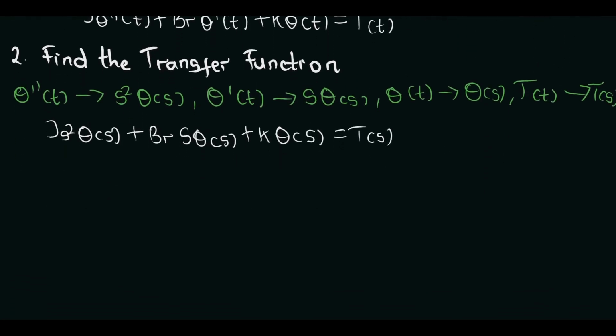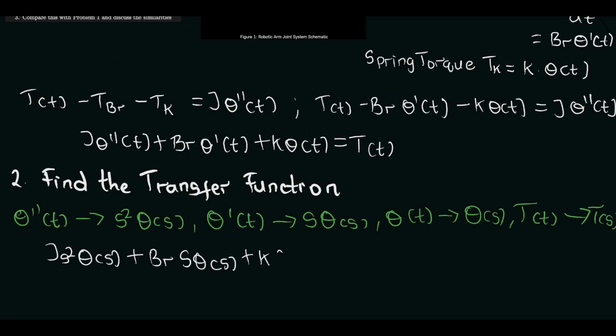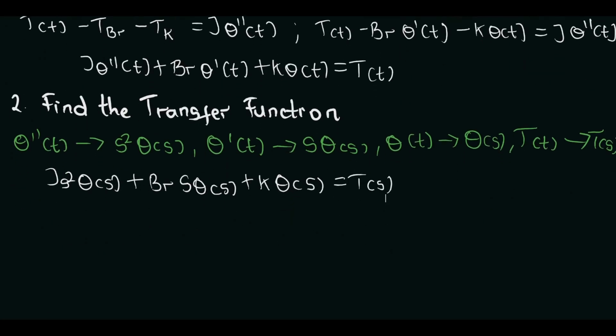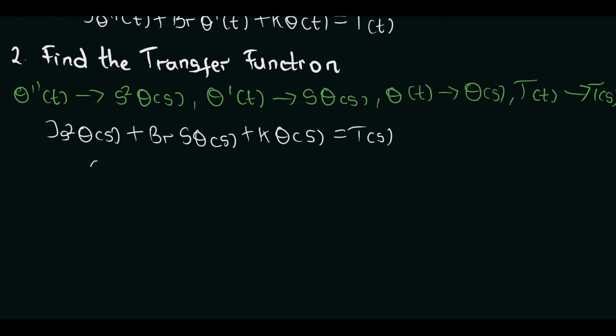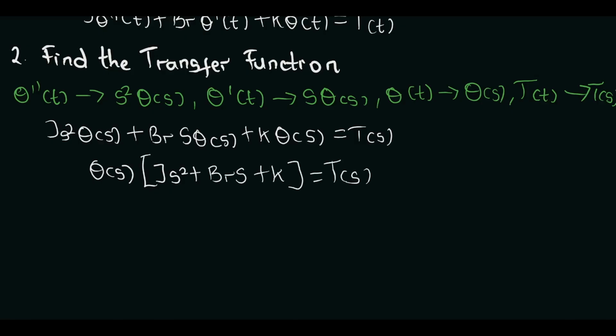So factor out your theta s. You have theta s open bracket J s squared plus B_R s plus K equals T of s.